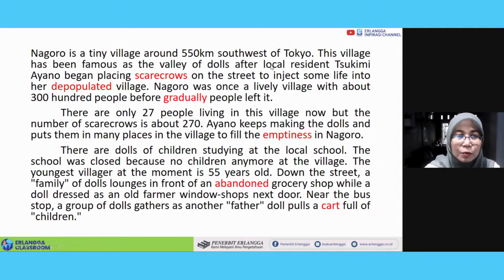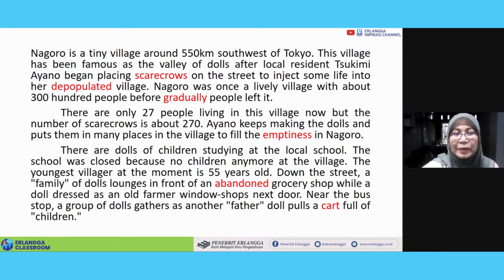Okay, she began placing scarecrows on the street to inject, untuk menyuntikkan, some life, kehidupan, into her depopulated village. Depopulated means the population is reducing, berkurang.